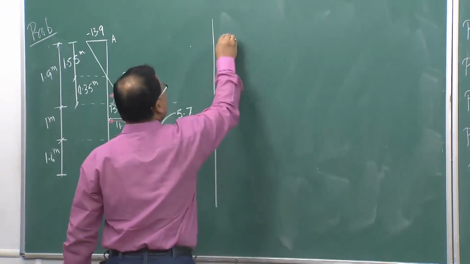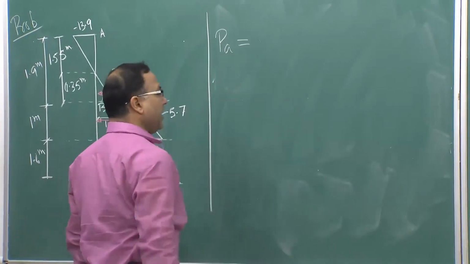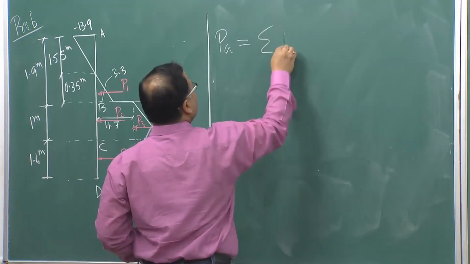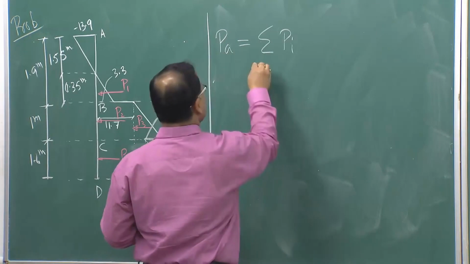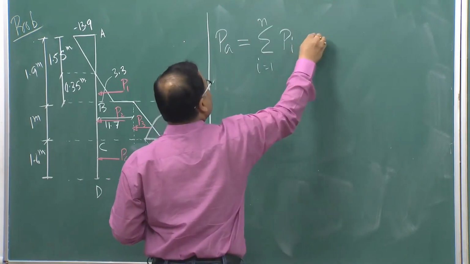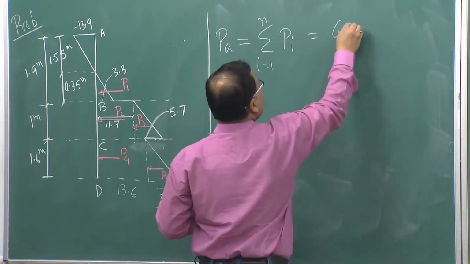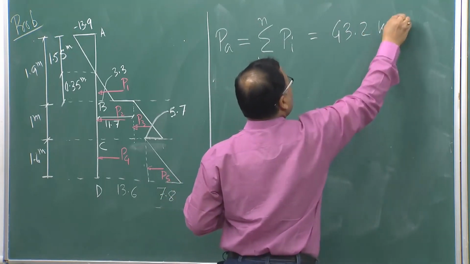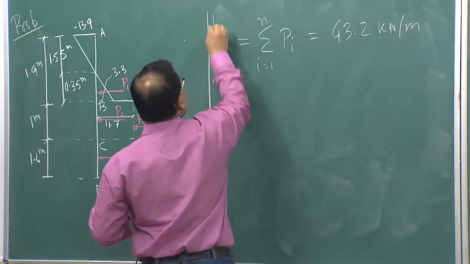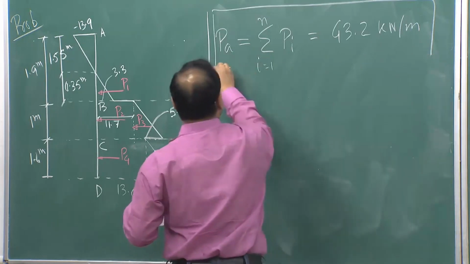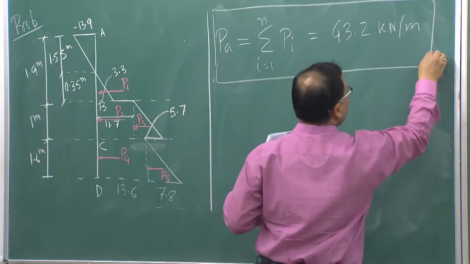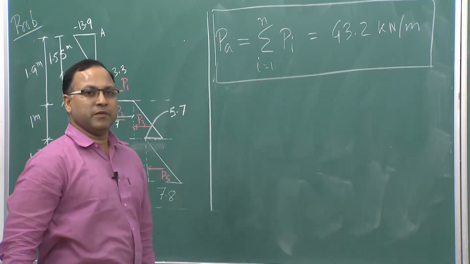I can calculate the total thrust PA, which is nothing but the summation of Pi, i equal to 1 to n, which gives me 43.2 kilonewton per meter run. That means P1 plus P2 plus P3 plus P4 plus P5.